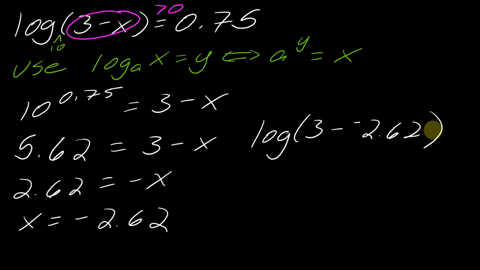So I don't have to worry any further, because I can see this is definitely going to be positive. That's just the one thing that you want to check. It's okay if you get a negative answer, but you have to check the context that it is in. You could get a positive or a negative answer, and it might not be allowed to go in the logarithm. So that's just a thing to watch out for.